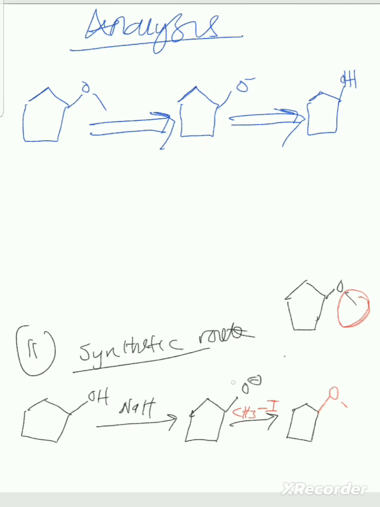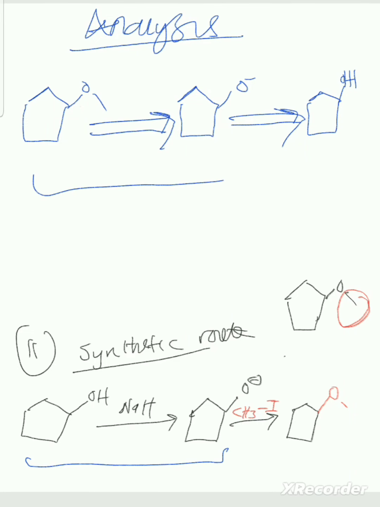Since that one now is a reversed one, let's look at the first part, which is this part here, because now it's going in the reverse direction. So look here now. Here we have removed the hydrogen from where there is an oxygen. So what did we do?